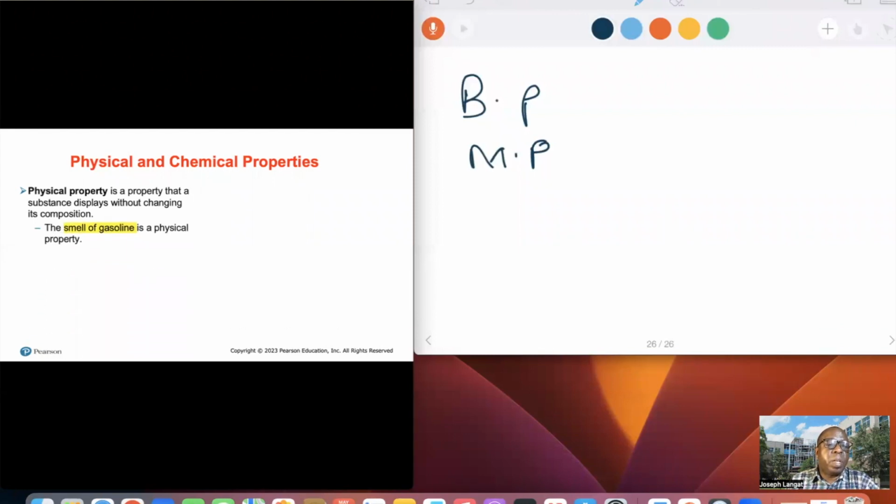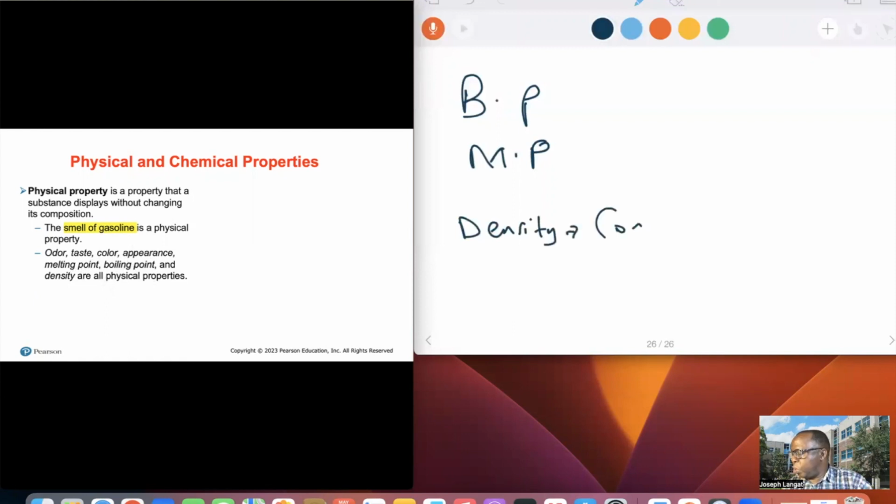Or the smell of gasoline, for example, does not mean you change it. So the odor, taste, color, appearance, melting point, boiling point, and density are all physical properties. Density is a concentration; we can talk about the concentration of matter. Density, we will talk about that in a few minutes.